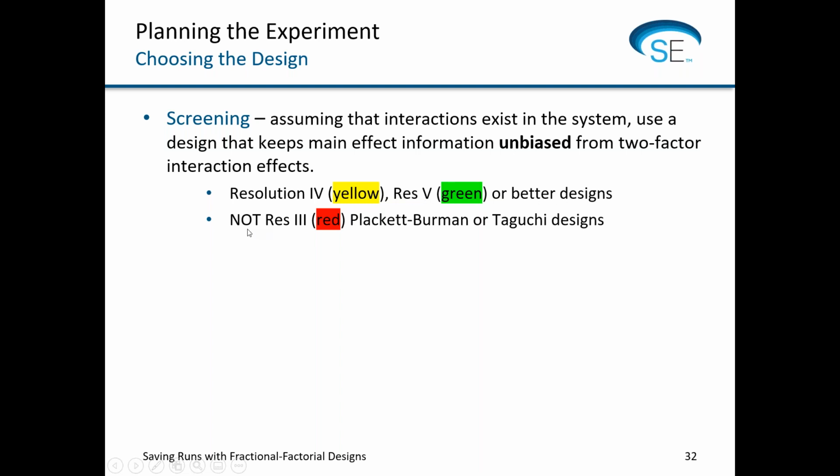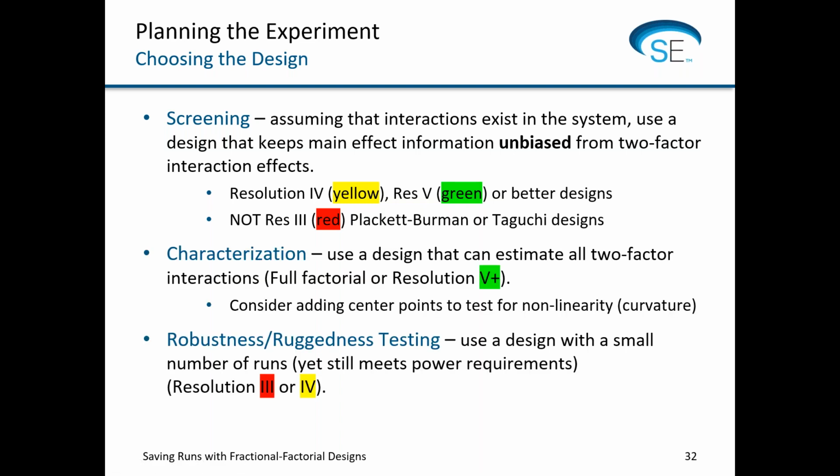You do not want to use the red resolution 3 designs, and that also includes Plackett-Burman or Taguchi designs, which are also resolution 3 designs. For characterization, finding main effects and 2-factor interactions, you need to use a design that can estimate all of those. So a full factorial white design or a green design, again, resolution 5 or higher.